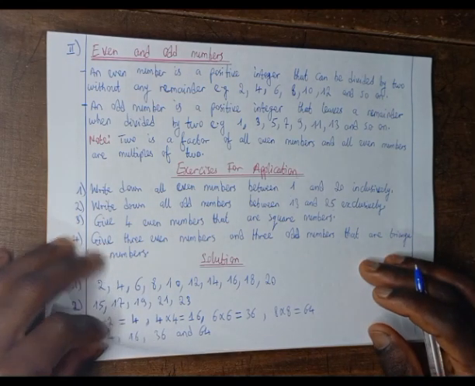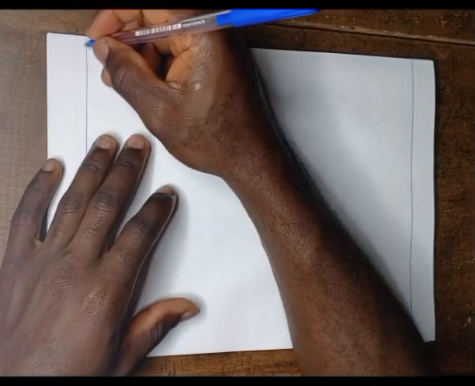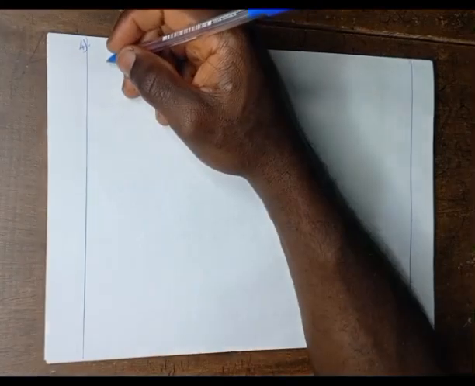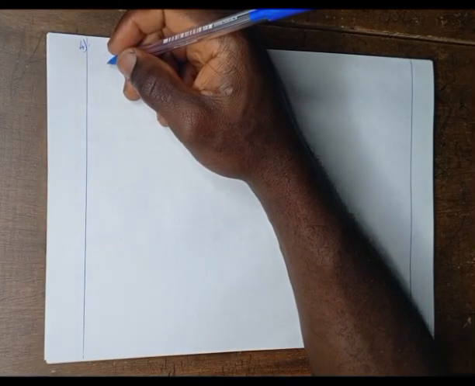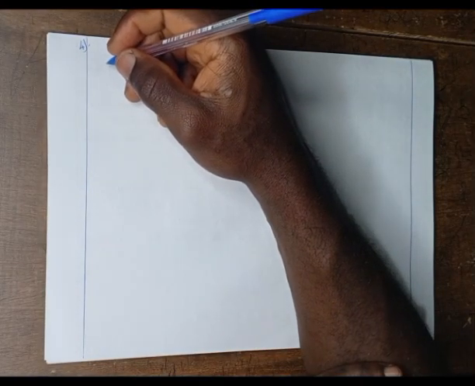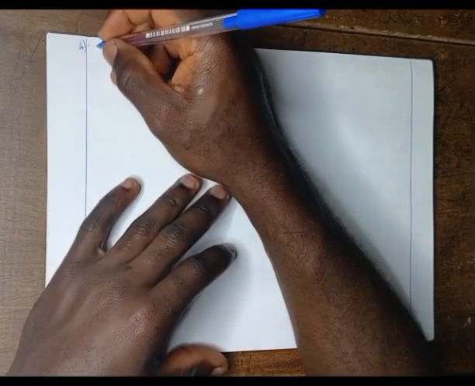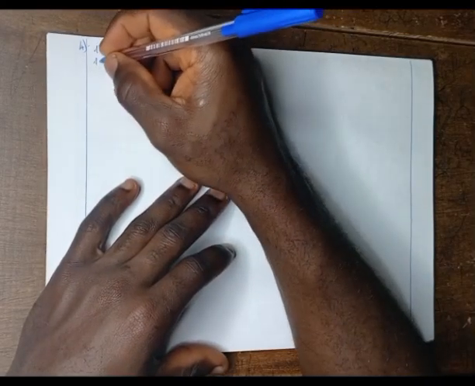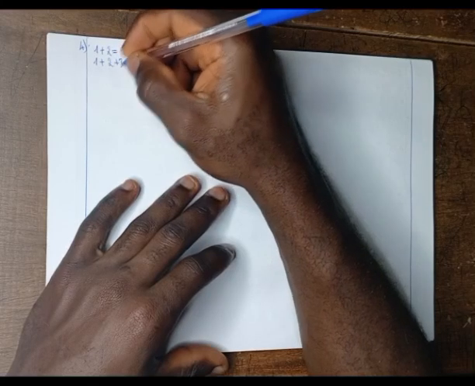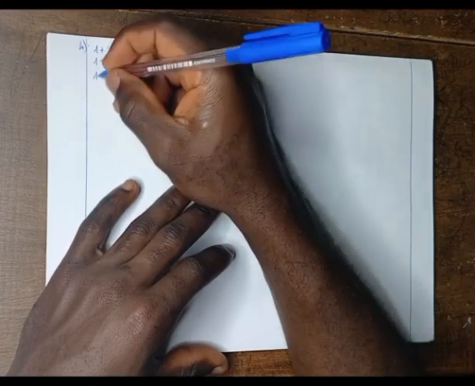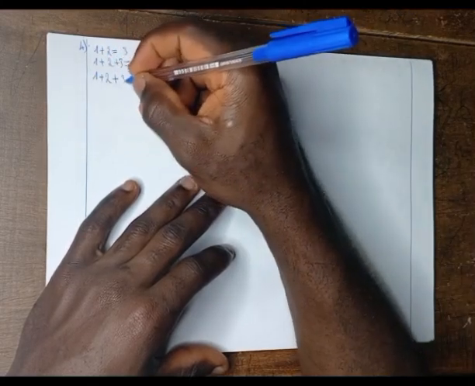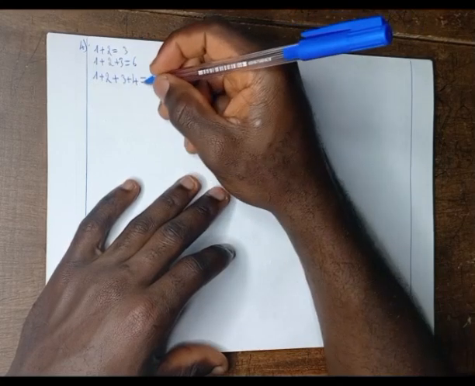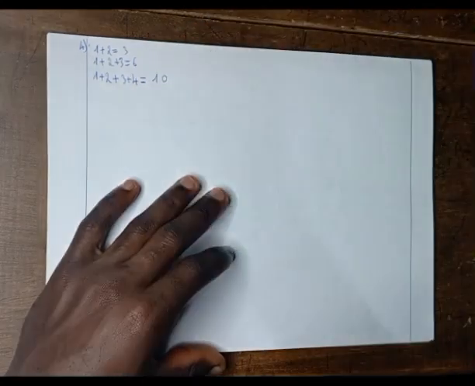We go now to question 4. Question 4 says we should give 3 even numbers and 3 odd numbers that are triangular numbers. We know for us to get the first triangular number, we simply take 1 plus 2 gives us 3. Next, 1 plus 2 plus 3 is 6. 1 plus 2 plus 3 plus 4, here we have 10.